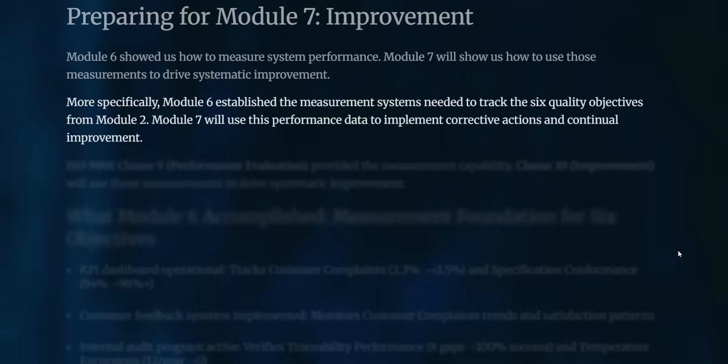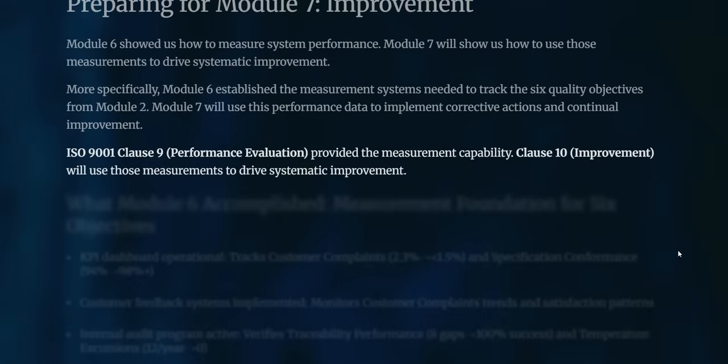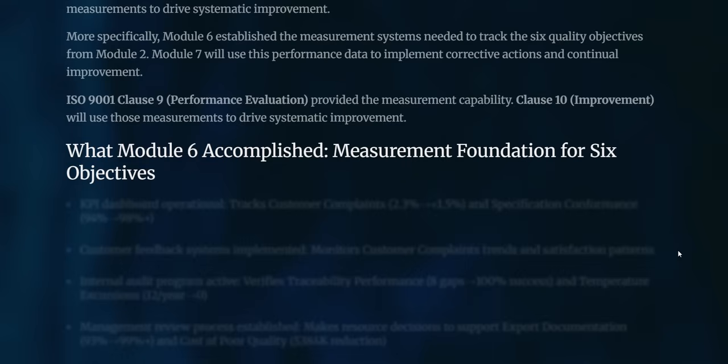Module 7 will use these performance data to drive corrective actions and continual improvement. ISO 9001 Clause 9 today, performance evaluation, provided the measurement capability. The next module, Clause 10 improvement, will use these measurements to drive systematic improvement.